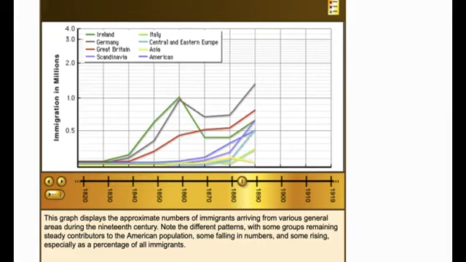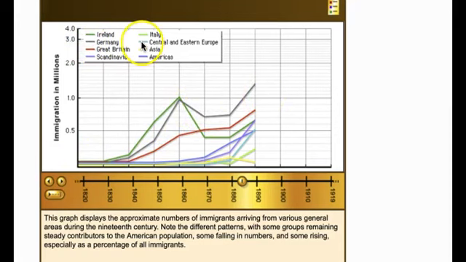So I'm going to pause it here so we can just sort of look at this for just a second. But as far as immigration, we can see that for places like Ireland, there's going to be a significant spike that takes place because of things like the potato famine. Same with Germany. We can see there's going to be a spike over the course of the 1800s, sort of leveling out a bit more there.